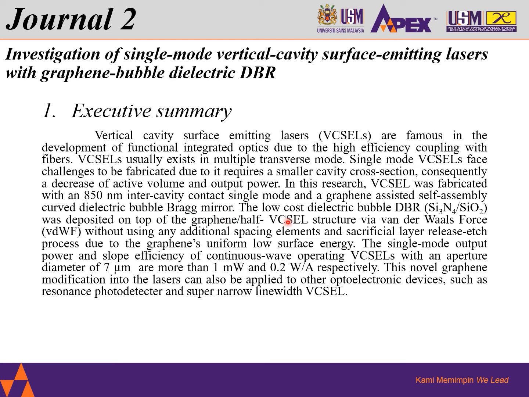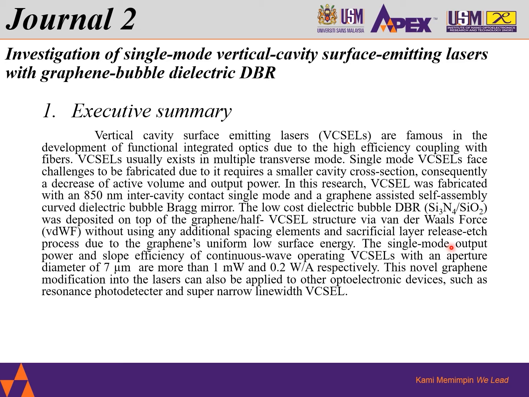The low cost dielectric bubble DBR, which is made up of silicon nitride and silicon dioxide, was deposited on top of the graphene half VCSEL structure via van der Waals force, without any additional spacing element or sacrificial layer release etch process, because of graphene's uniqueness, as graphene has low surface energy.